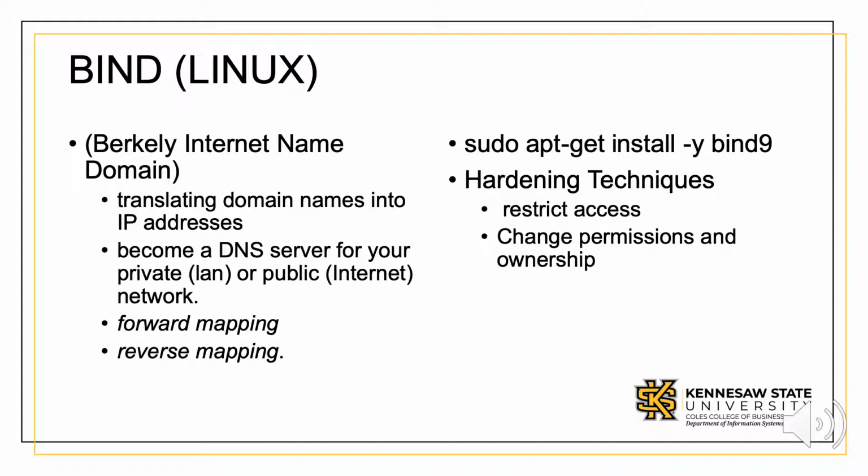Some of the hardening techniques are restricting access. Restricting access allows you, the administrator, to be very specific about who can get into the DNS, who can configure it, and who you want on it. The first step in security is physical security. The next step in security of a system is access, as well as changing permissions and ownership.